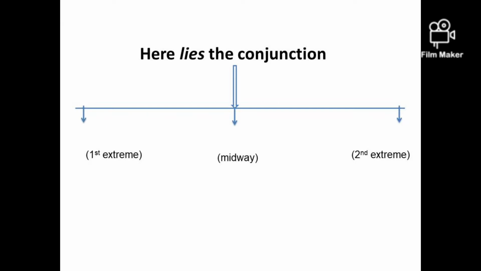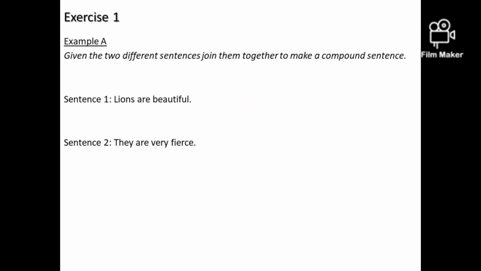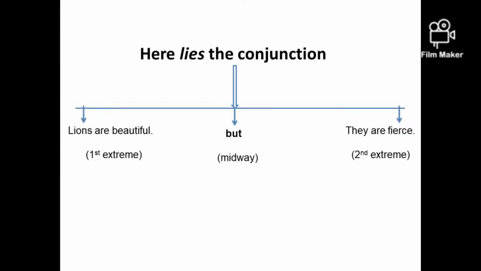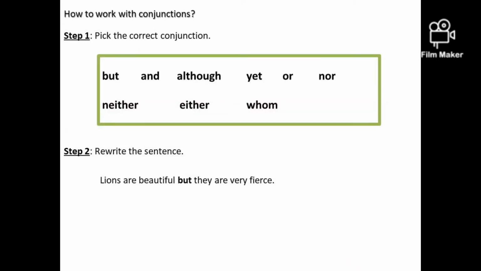As you see from example A under exercise 1, the conjunction appears right at the middle between the two separate sentences. Lions are beautiful, and the second one, they are very fierce. So that is how conjunctions basically work. They appear midway between two different phrases. That is a conjunction.